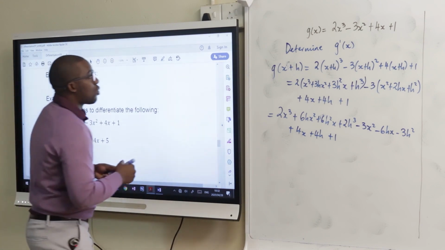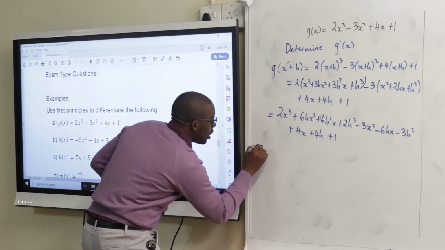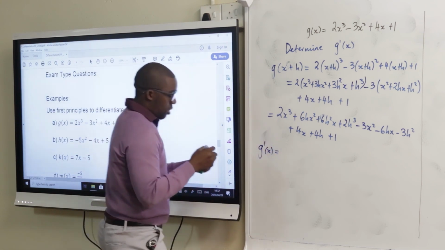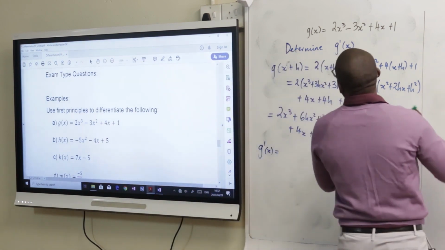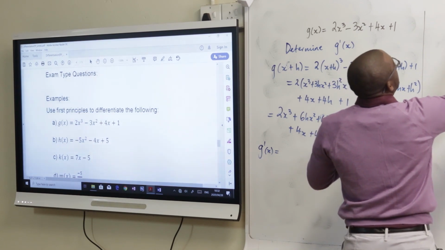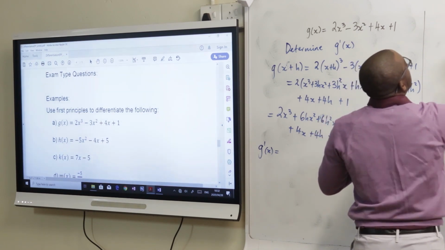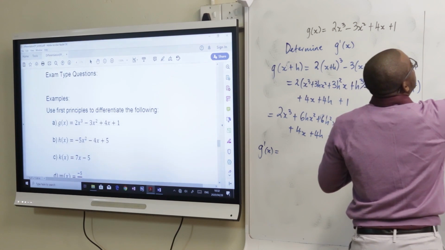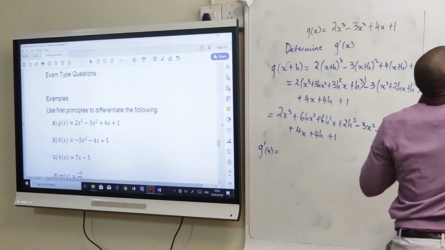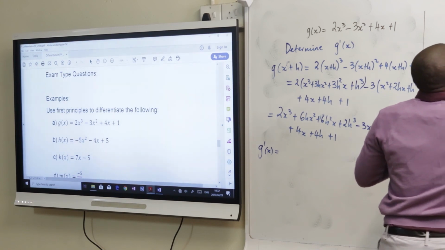After this, we start to do the expression. g prime of x is equal to, we are always told that g prime of x is equal to the limit as h goes to 0 of g of x plus h minus g of x, all over h.